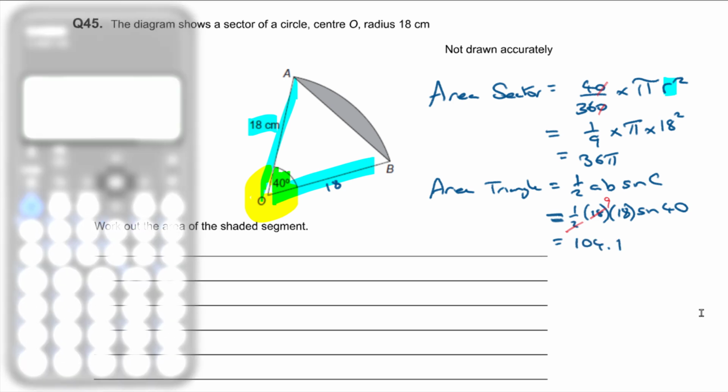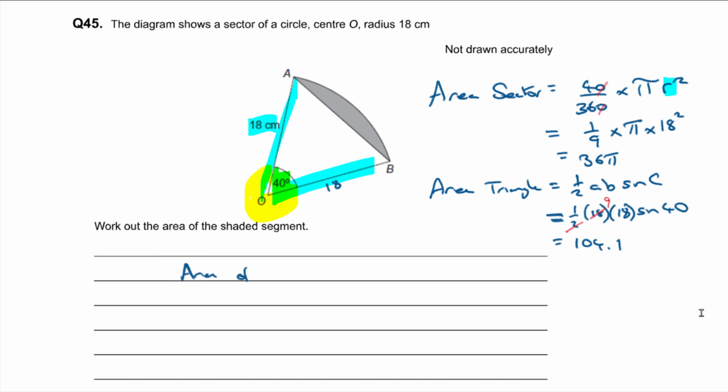Okay, so now I've got those two, I can say that the area of the segment is going to be the area of the sector minus the area of the triangle. Okay, so that's going to be 36 pi minus 104.1. Now 104.1, I've still got the exact value on my calculator, and 36 pi, because I left it in terms of pi, is also an exact value, so I'm going to get a super accurate answer, aren't I?